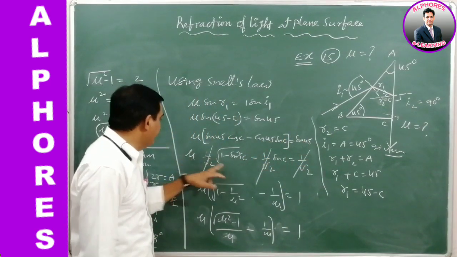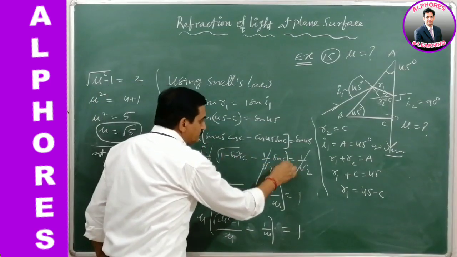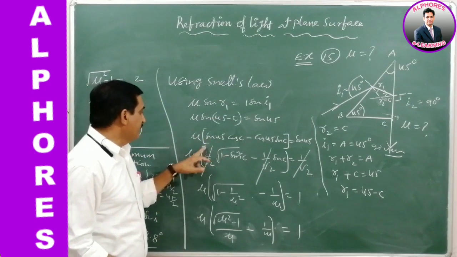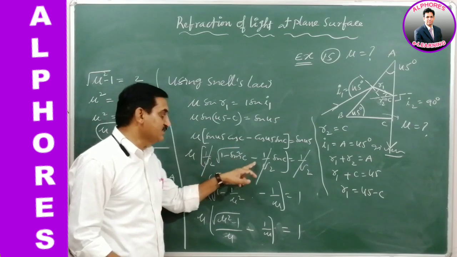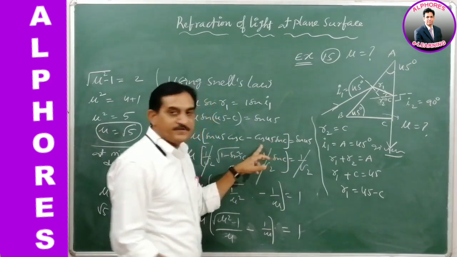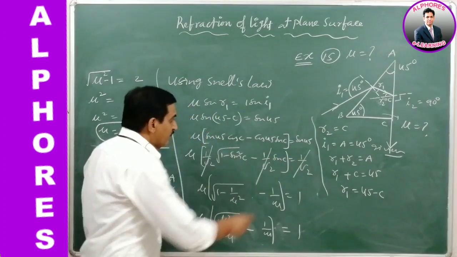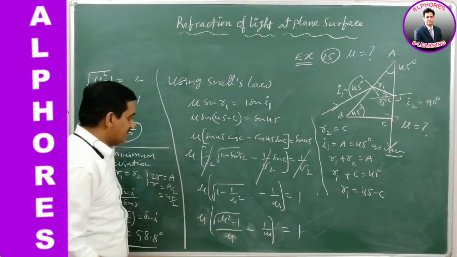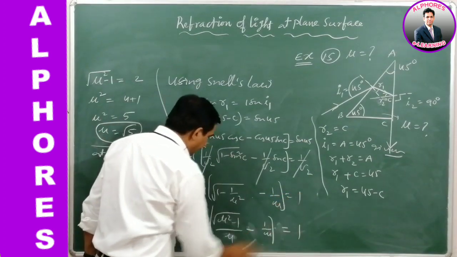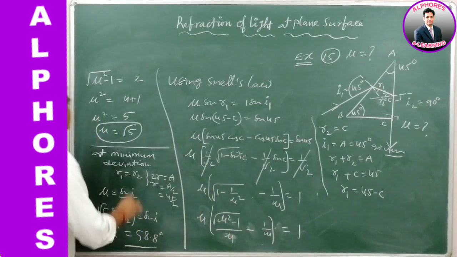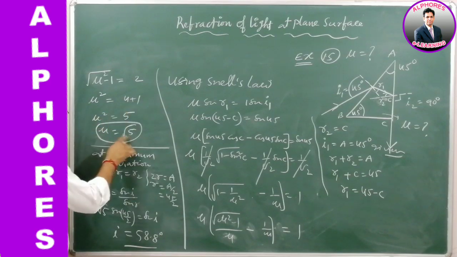Now simplifying: sin 45 is 1 by root 2, cos C is root over 1 minus sin square C, minus cos 45, 1 by root 2, again sin C. The 1 by root 2 terms get cancelled. Now mu is common. Simplifying, you will get root of mu square minus 1 equal to 2, mu square is equal to 5, mu is equal to root 5.